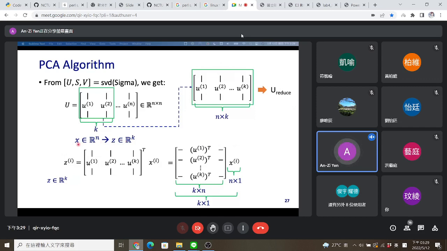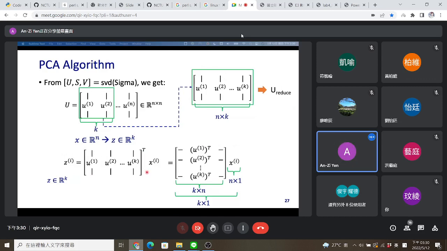Then we take the first K columns of the U matrix to construct this matrix, like we stack U1, U2, and so on up to UK in columns. This is going to be an n by k matrix.